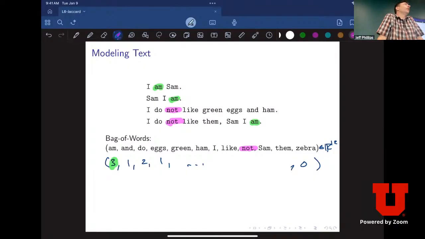I put all the words in the bag. Probably I would use like 100,000 words, but I'm not going to write those up in the slide. So I put zebra as a placeholder for the other 999,989 words that I did not put up here.